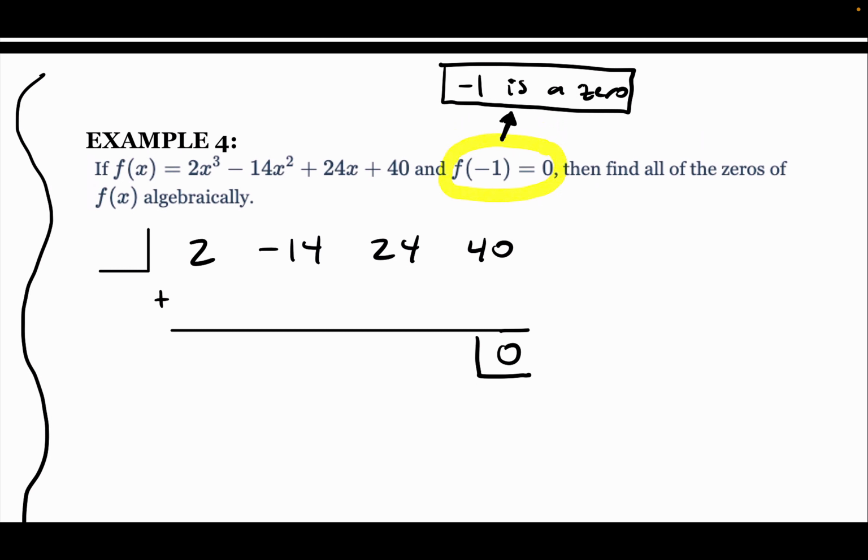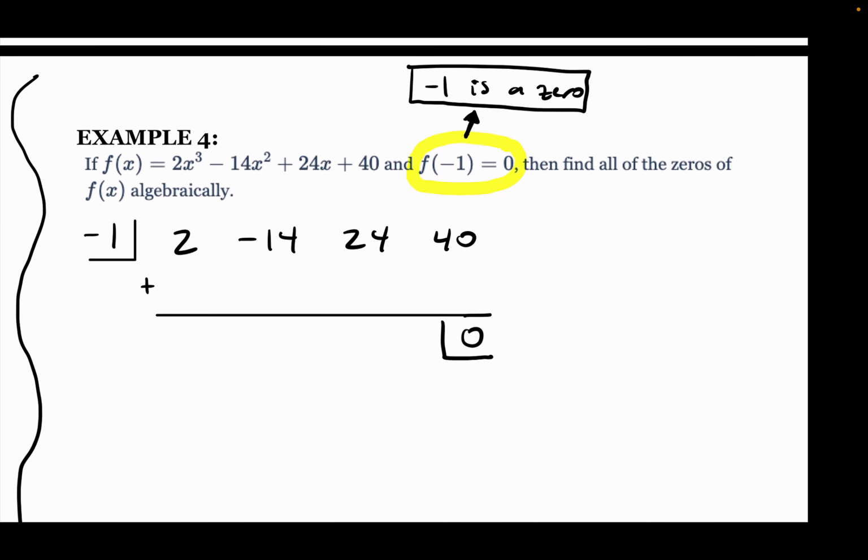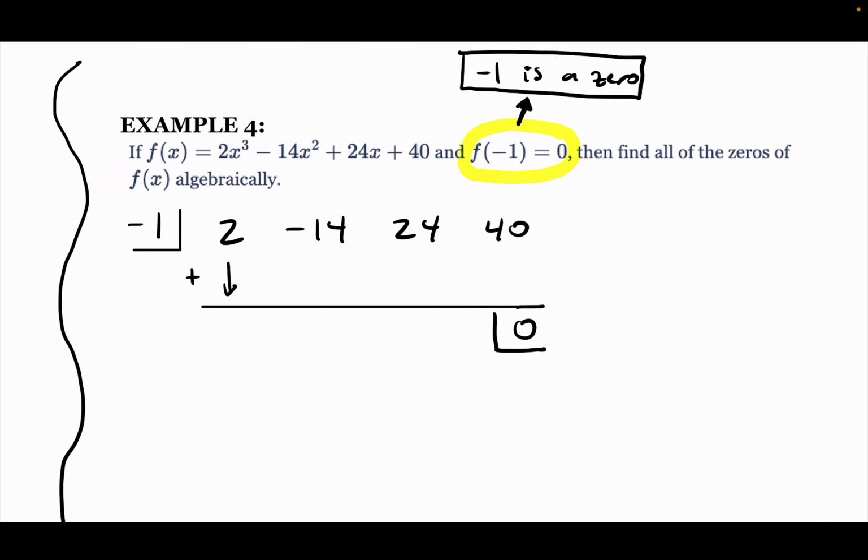What number is going to go in the house? -1 is going to go in the house. Not +1, -1. They're giving you an answer. All they want you to do is find the other two. So move the first guy down, multiply, add straight down, multiply, add straight down, multiply, and it is a 0.